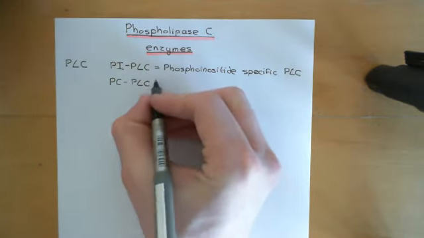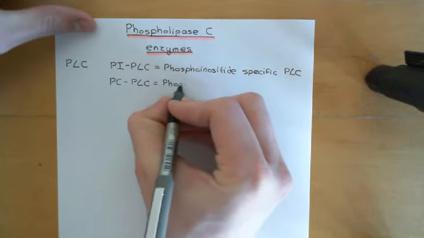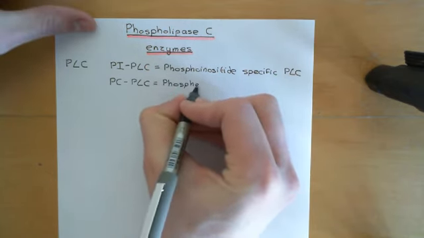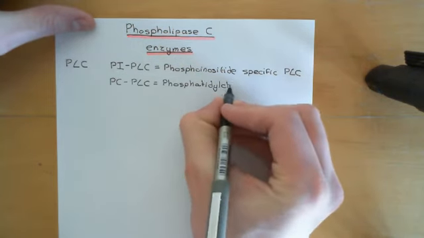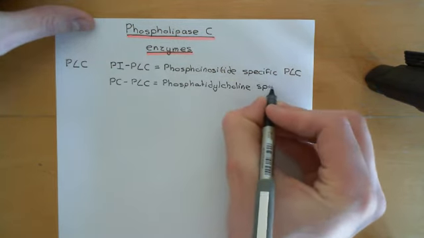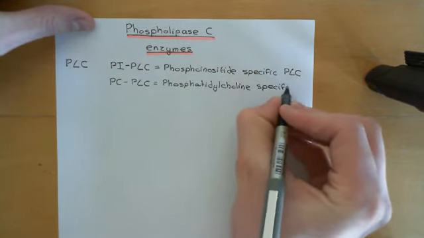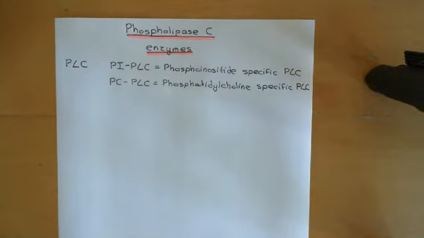In the case of phosphatidylcholine-specific phospholipase C, it's phosphatidylcholine, so I'll just write that out here. So the PC there is for phosphatidyl and then choline. We're not going to discuss the phosphatidylcholine-specific phospholipase Cs at all in this video. We're going to focus completely on the phosphoinositide-specific phospholipase Cs, which are the more famous ones.